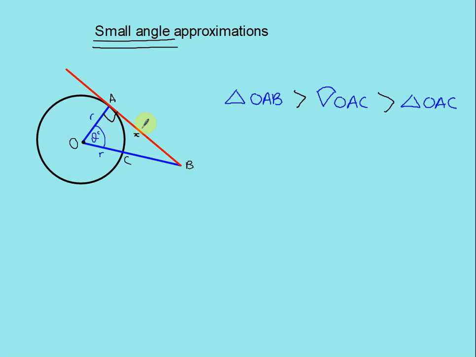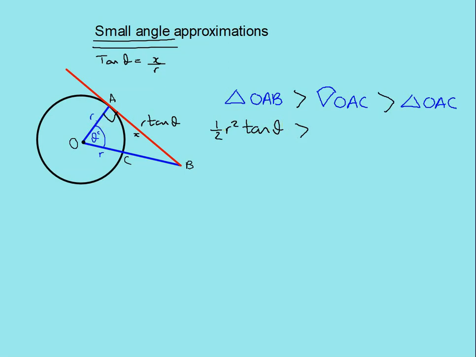So that would be the opposite and the adjacent as the tan ratio. So we know tan theta would be x over r, so this must be r tan theta. Okay, so the area of this is half the base times the height, so r times r is r squared, tan theta.